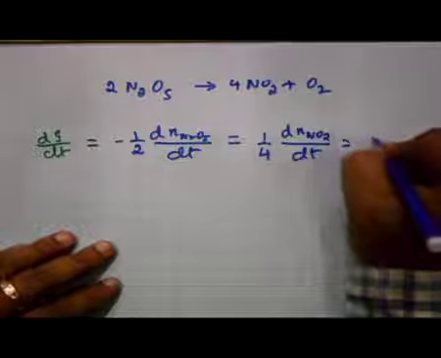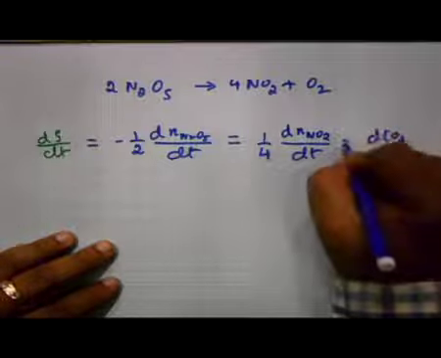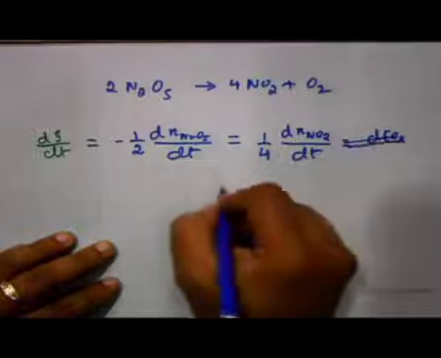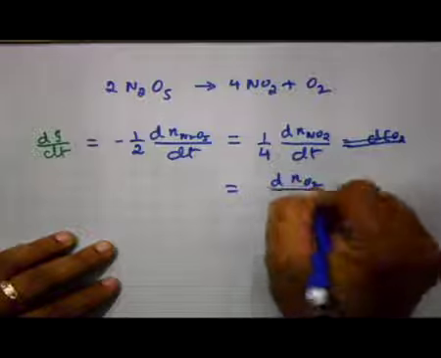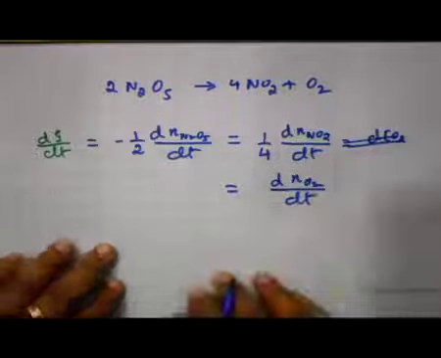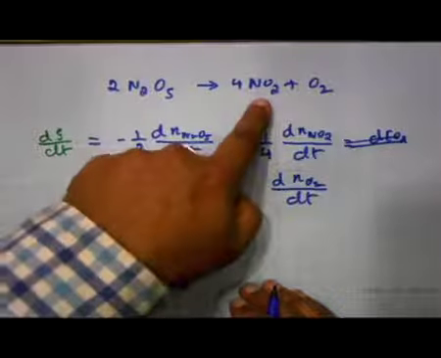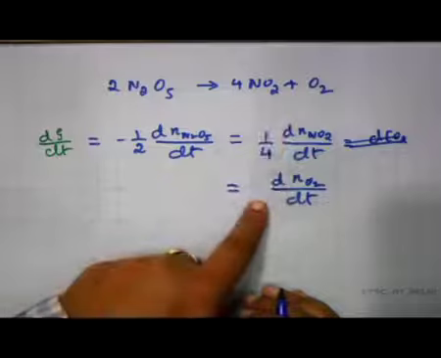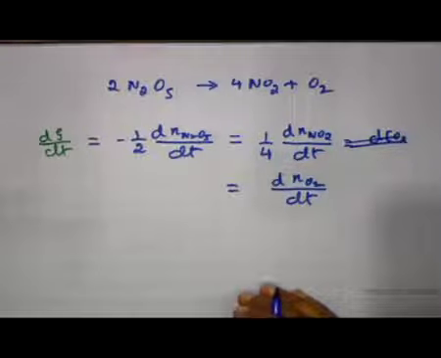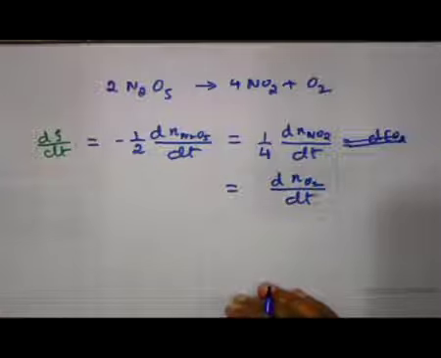Similarly, I can write d n of O2 over d of t. What should I write here? You see, for NO2 the stoichiometric coefficient was 4, for O2 the stoichiometric coefficient is 1. So, it is 1 by 1. I am not writing anything out here because it is essentially 1 times d O2 over d of t.